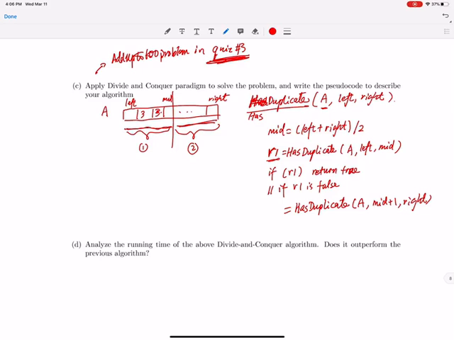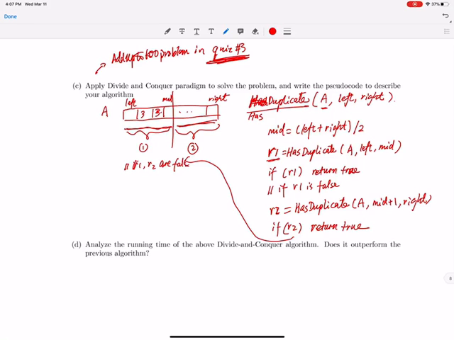Again, I'm going to keep the return value in variable R2. Similar to before, if R2 is true, we can just return true and be done. If we don't return from here, that means R1 and R2 are false.